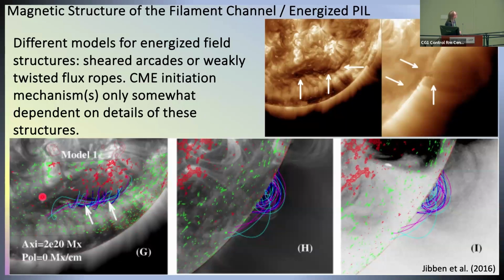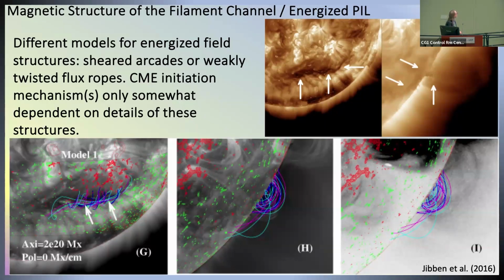And so these polarity inversion lines in the photospheric magnetic field are sites of energy accumulation in the Sun for various reasons, but that basically always ends up being true. And so it's this kind of stressed field structure that has the energy to power one of these eruptions.